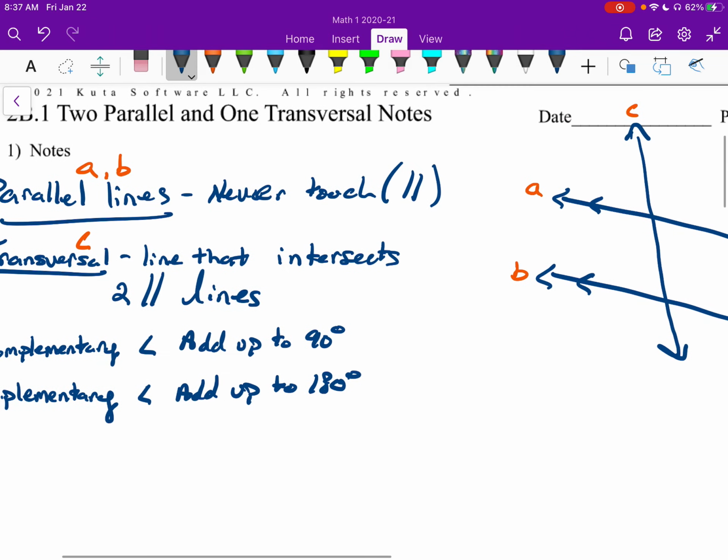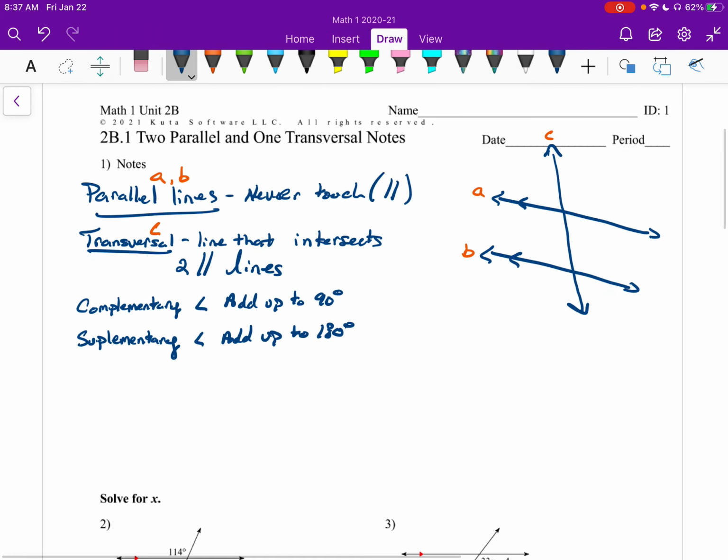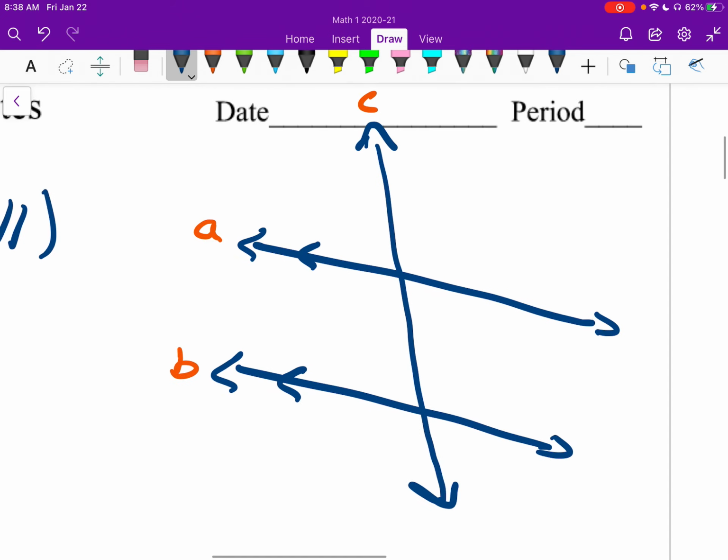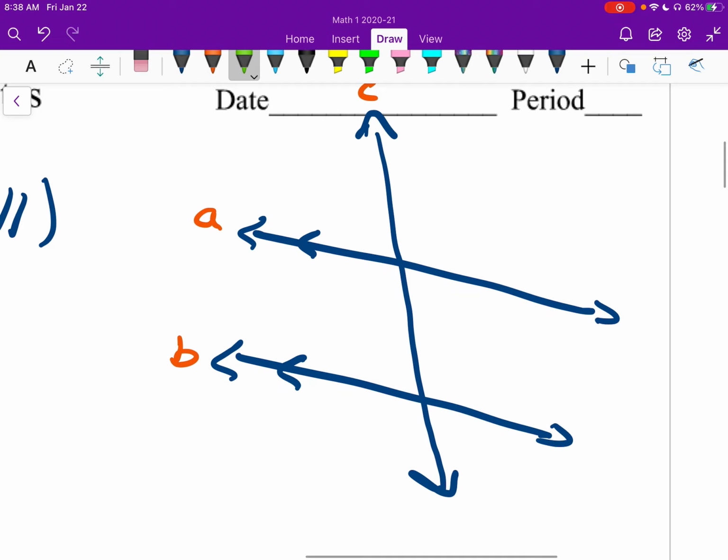All right, so let's look at our page here. There are some fancy things that we can say about our diagram of our 2 parallel lines and our 1 transversal. We have vertical angles, and vertical angles might be a new thing for you. Normally I call vertical angles opposite angles.